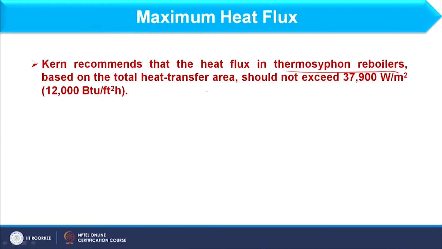As far as thermosiphon reboilers are concerned, Kern recommended that the heat flux should not exceed 37,900 watt per meter square, right. So, we should take this value to start the design, and this value is for vertical thermosiphon reboiler.